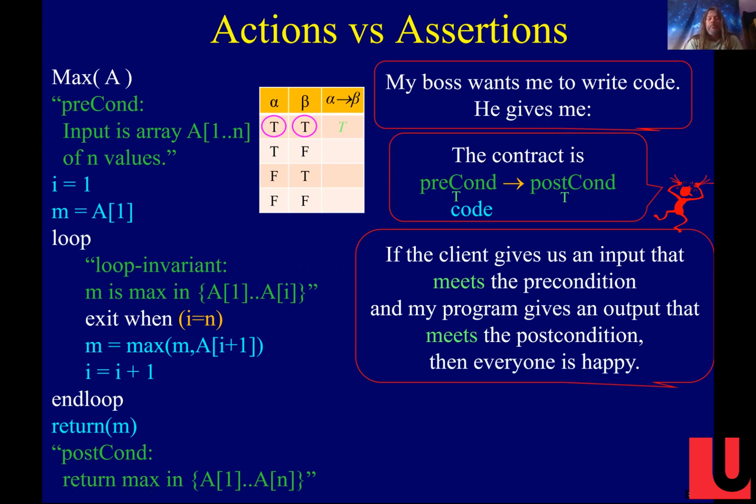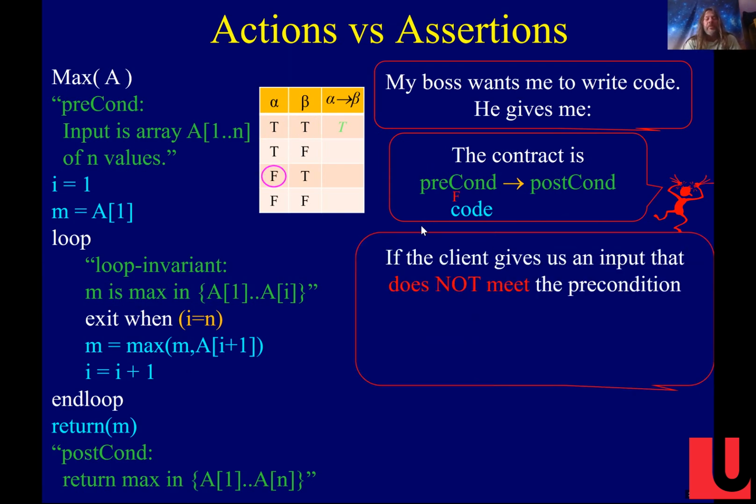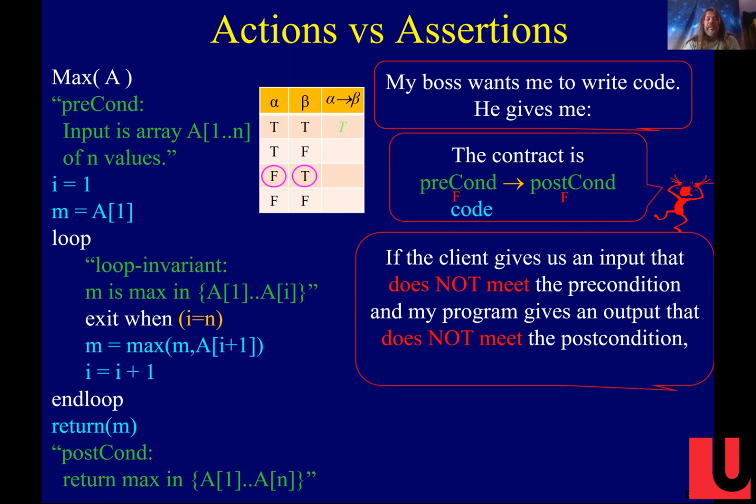Everybody is happy. So here's another situation. Suppose you go out into the world and the client gives you an input that does not meet the precondition. And oops, here I got my circles in the wrong place. I wanted a circle down here. Suppose your program does not meet the postcondition. Is that a problem? Have you broken the contract? No, you haven't.